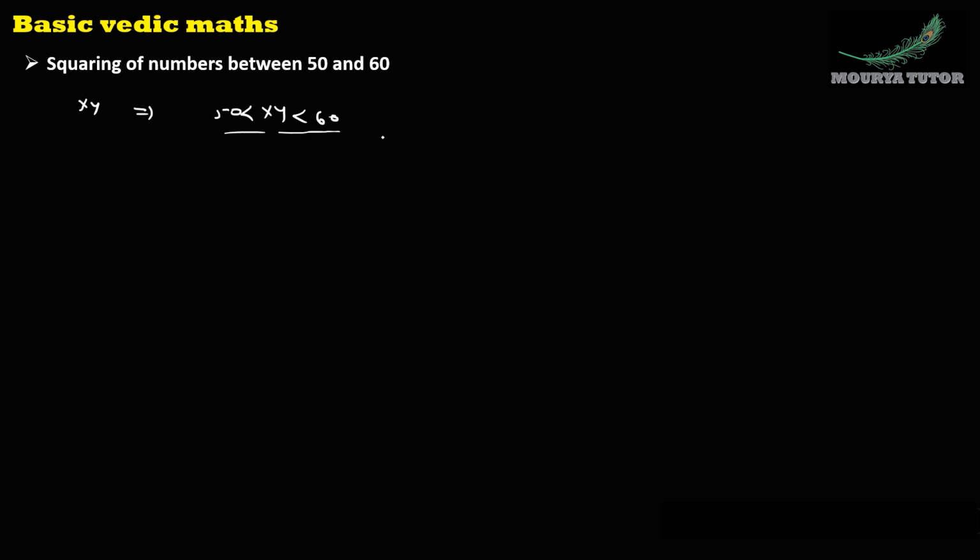So how will we do it? You just need to write the LHS part and the RHS part. LHS will be 25 plus y, and RHS will be y into y.